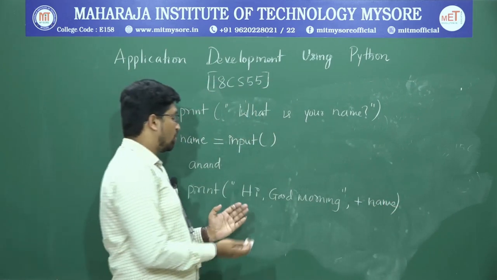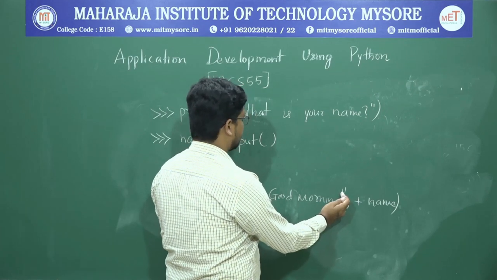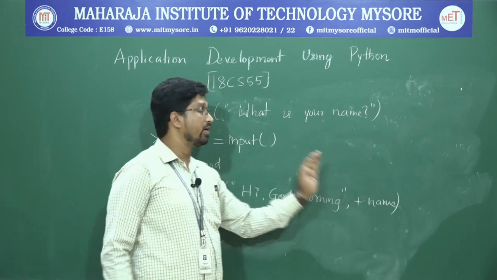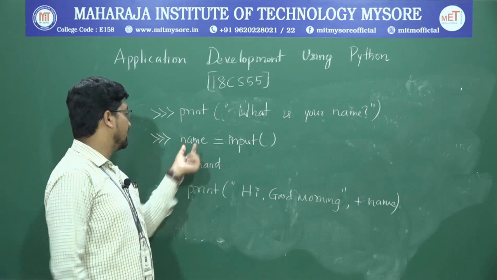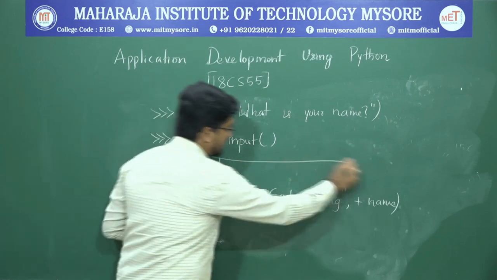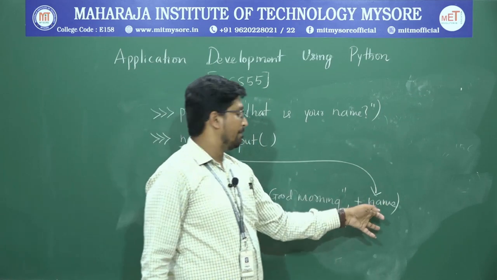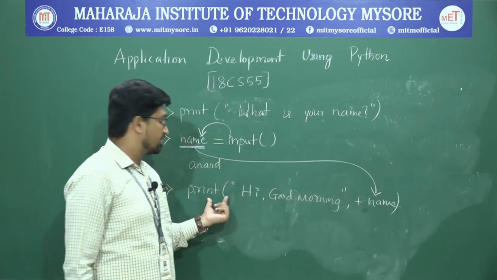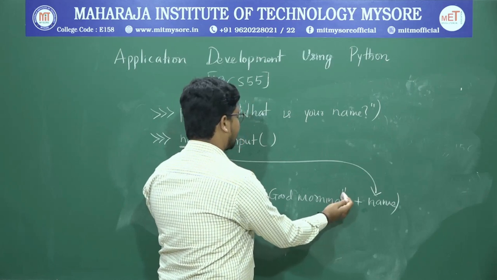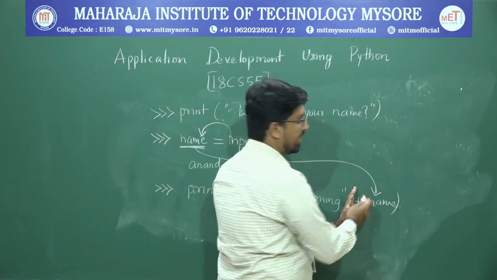So then what should you do? First of all you have whatever message you wanted to say. That message part should be in the first part, and the name part, whatever the user has entered, that input is stored in the variable called name. That name should be given as one more parameter to the print function. So we have the first parameter, which is the message to be printed, and the second parameter is a variable name which gets appended.